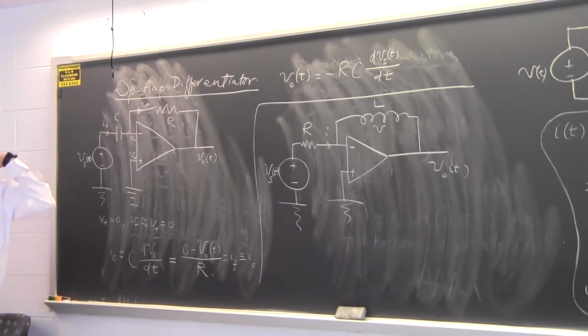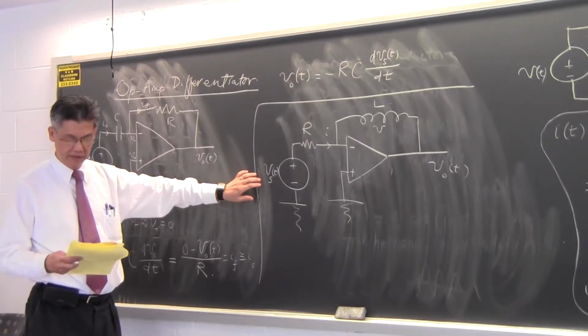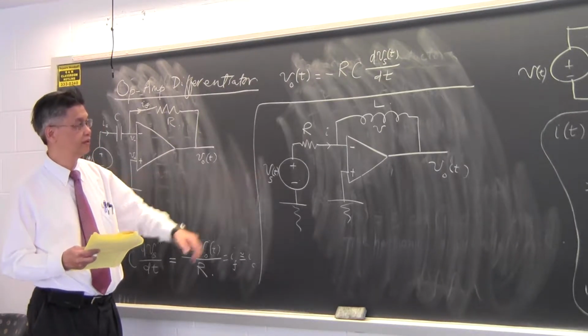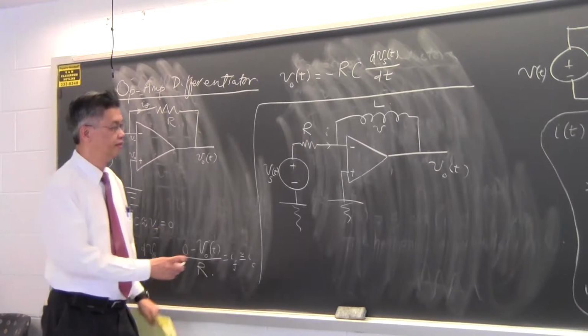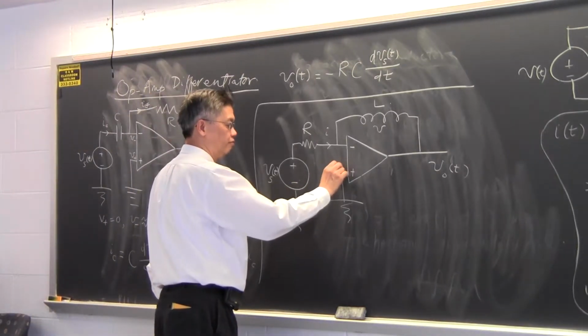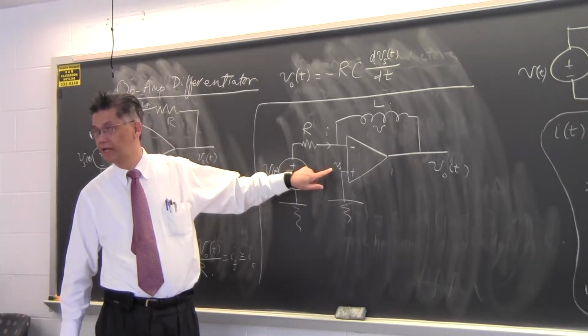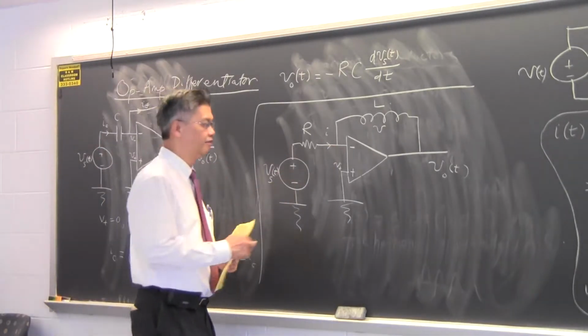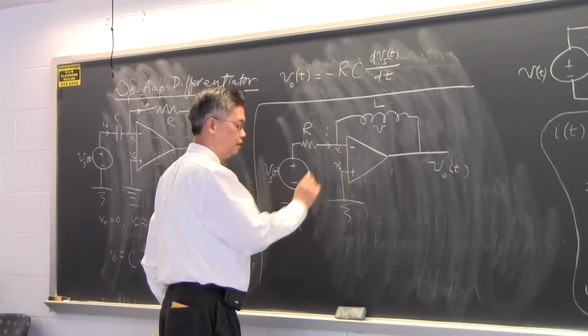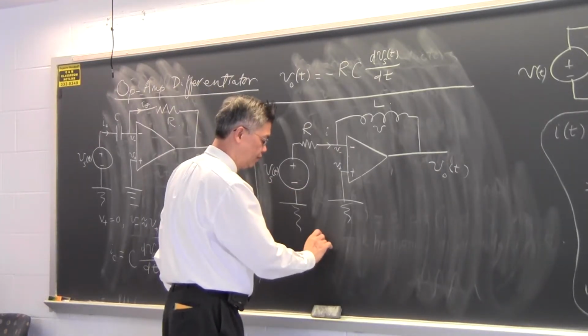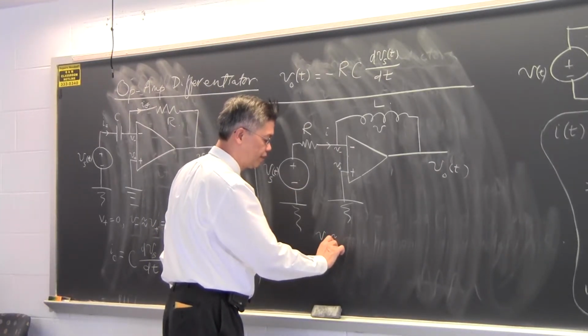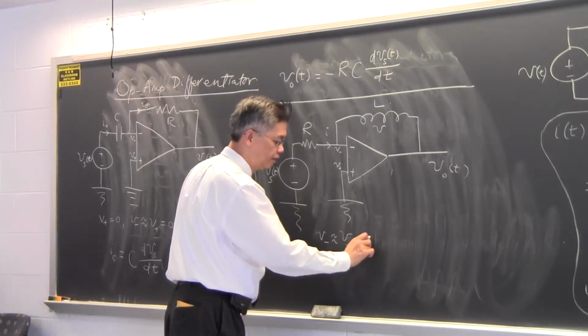Let's write down the relationship between the output voltage and the input voltage Vs over here. First, what is the value of V plus? 0. And the value of V minus is also approximately equal to 0. So we have V minus being approximately equal to V plus being equal to 0.